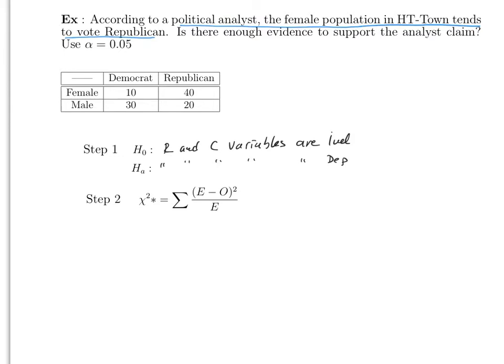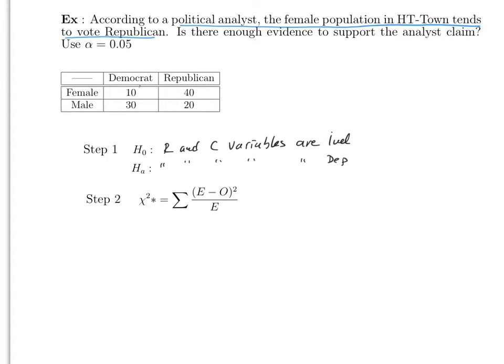We'll get to that in a little bit. Remember, this is also how you know you have to do hypothesis testing: anytime it says, is there enough evidence? Okay, now, how many rows do you have? 2 rows, and you also have 2 columns, which is the smallest number you can have. The smallest you can have is 2 by 2.